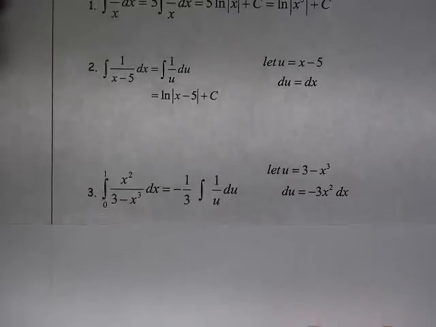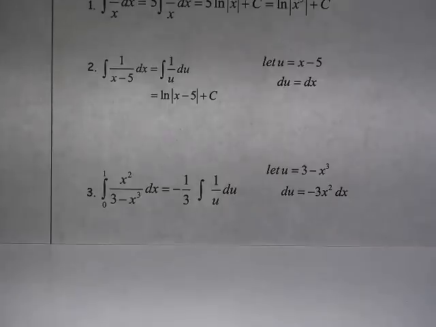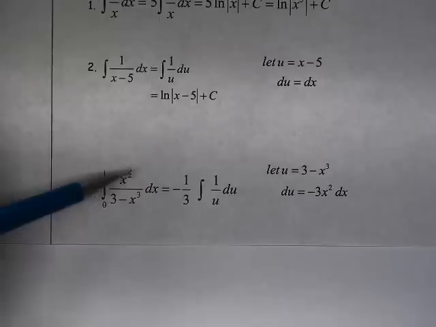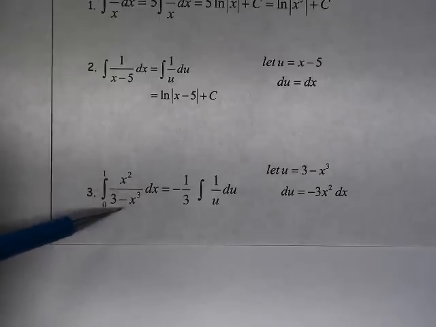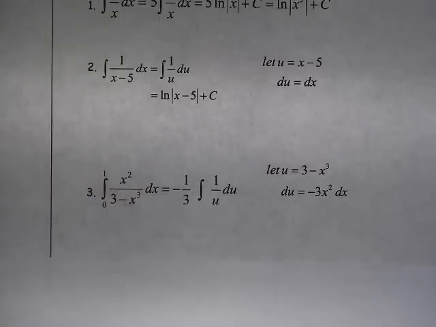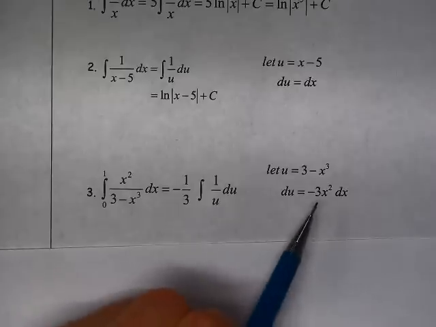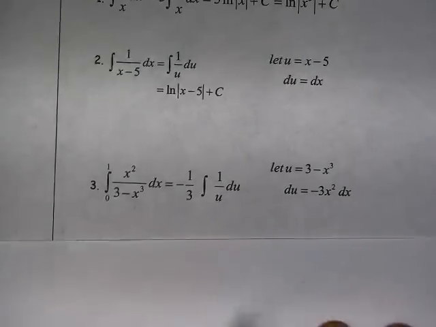Let's take a look at this next one here. So this is a definite integral, so we are looking at the u substitution. Now if we let u equal 3 minus x cubed, then du is negative 3x squared dx.